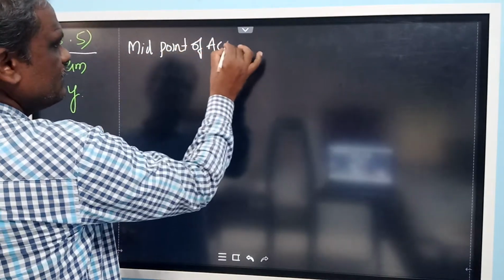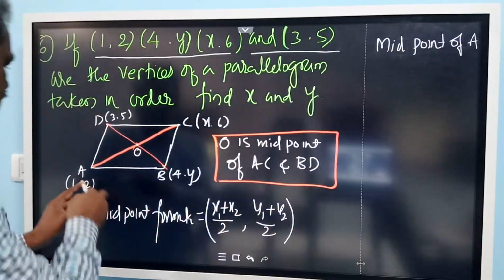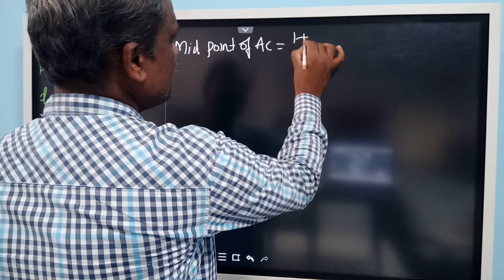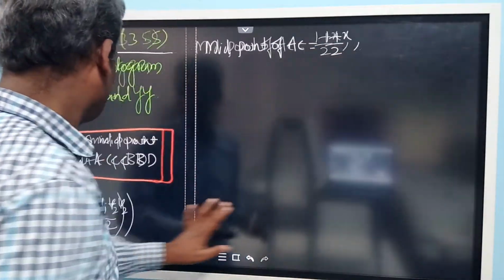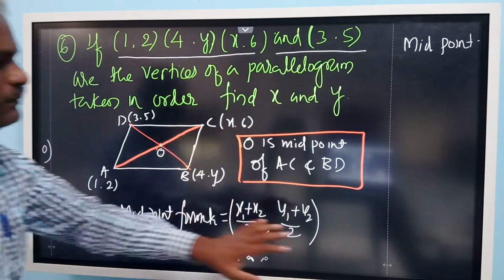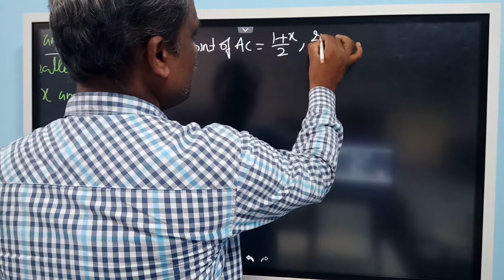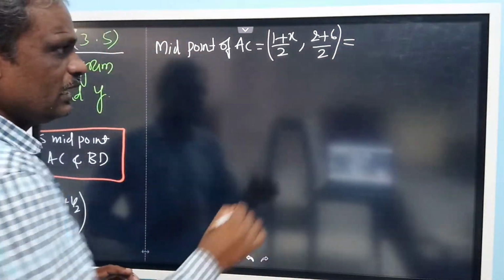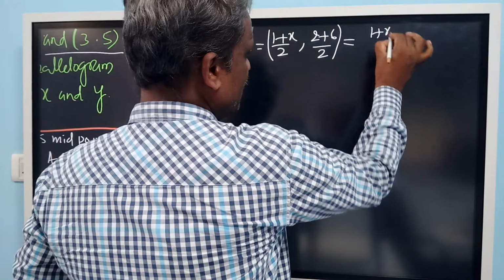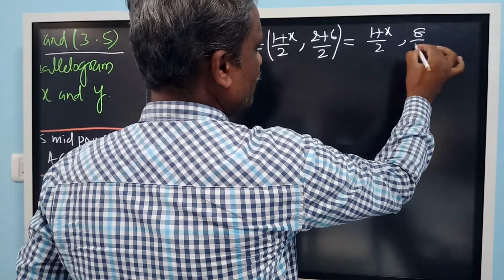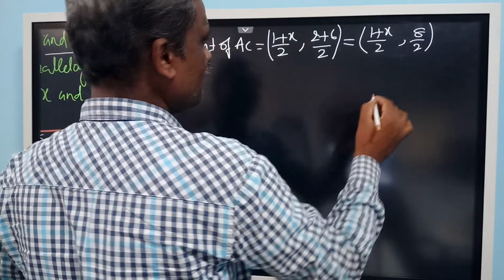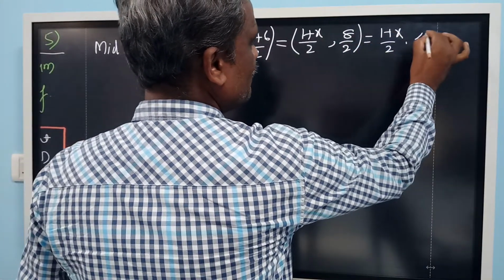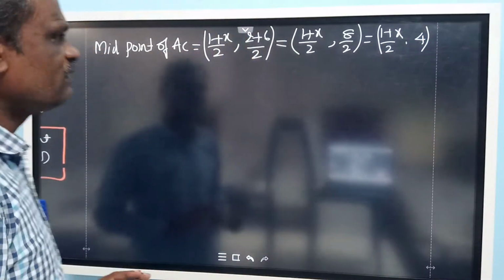It is (1 plus x) by 2, comma, (2 plus 6) by 2. If you simplify, 2 plus 6 is 8, 8 by 2. After simplification, you will get (1 plus x) by 2, comma 4. So this is the midpoint of AC.